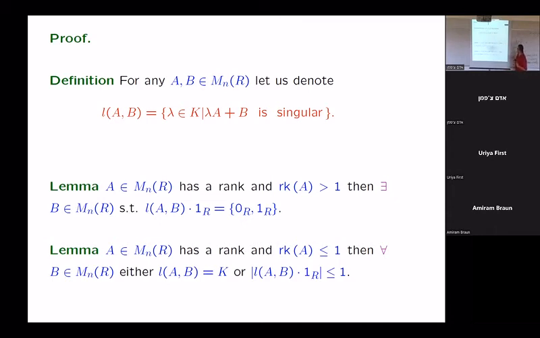For a couple of matrices, we consider those lambdas such that this thing is singular. And when I say singular, I mean it has some non-trivial kernel. And it turns out that this set of scalars is very useful because it measures the rank 1 property.